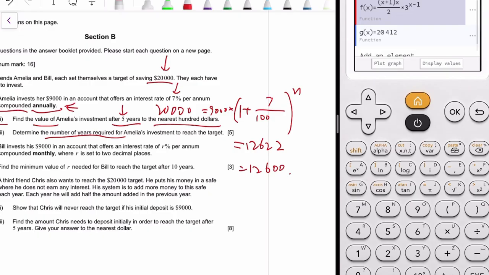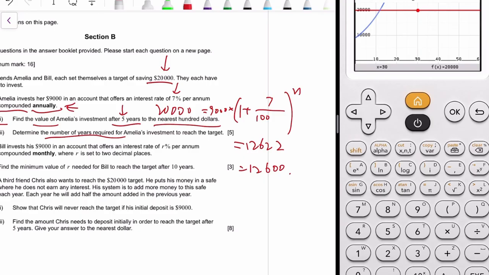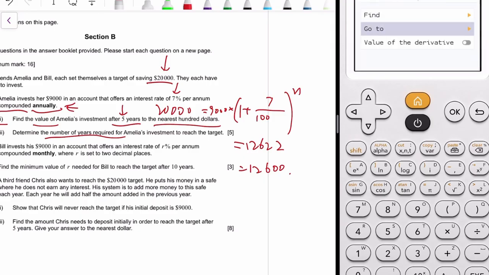The first function is 20,000. The second function is 9,000 times bracket 1.07 to the power of n, which we use x for here. So we plot it. There's an intersection, which we need to find.